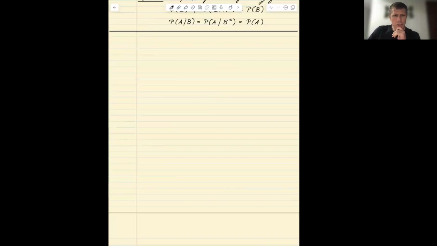But just for review, to recap where we are so far, we have a probability measure P on omega.